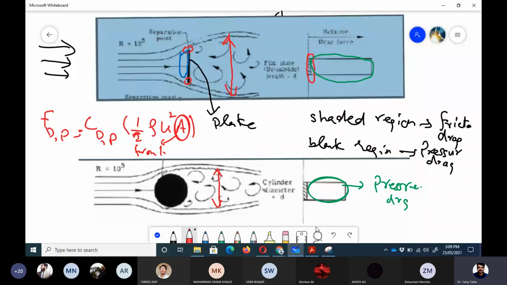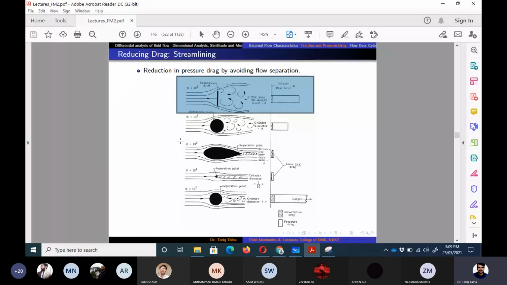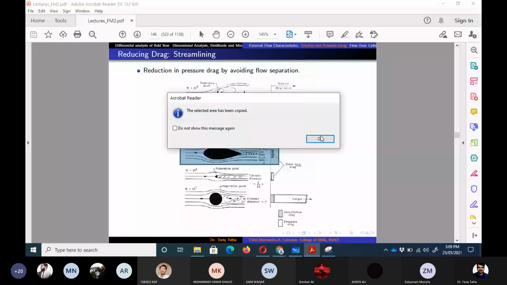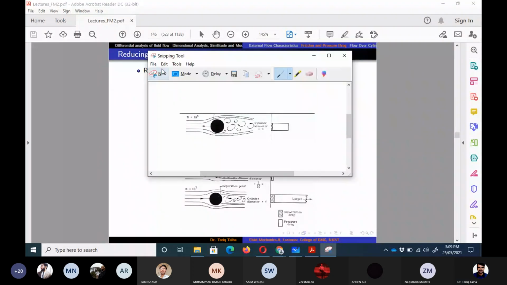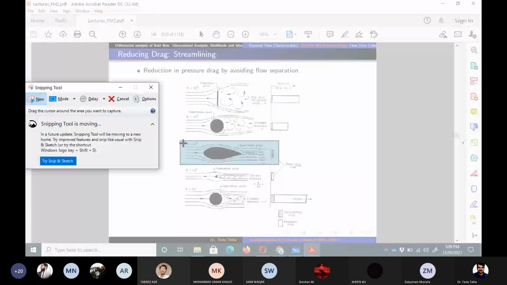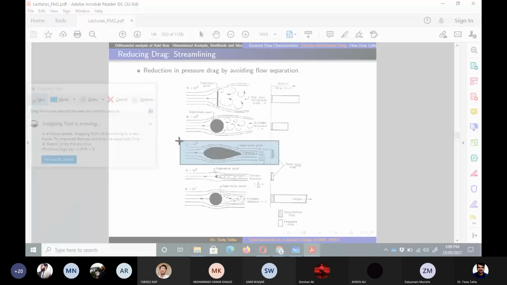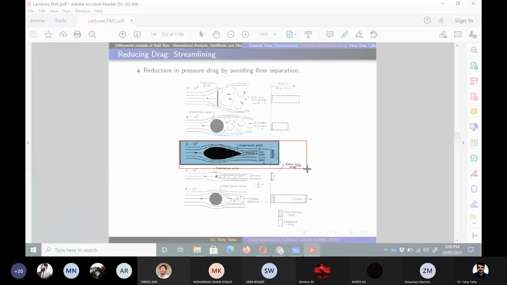Now if we move on to the next one, now we have made it more streamlined, which is kind of an aerofoil shape. Okay. Copy it again here. Now I am going to copy two things here.